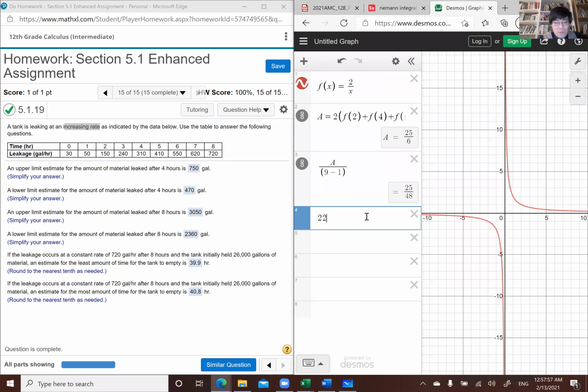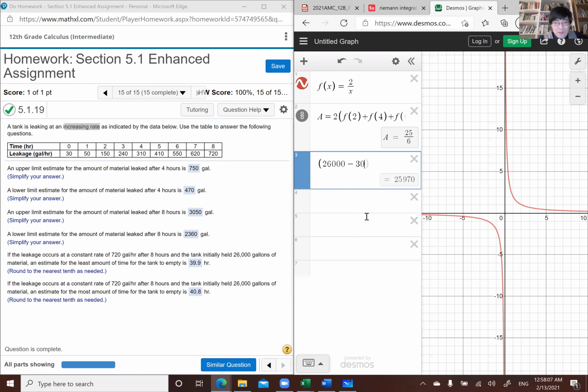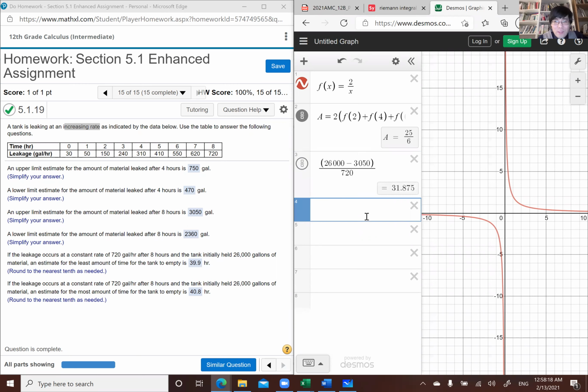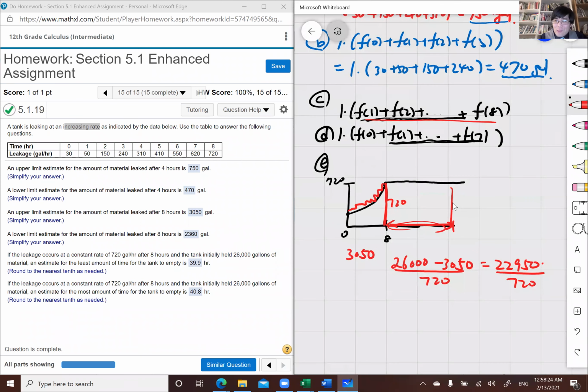So 26,000 minus 3050 for the maximum loss in the first 8 hours, and divided by 720 gallons per hour to get 31.875. So 31.875, that's the length here.